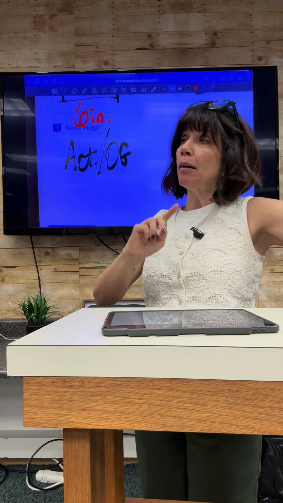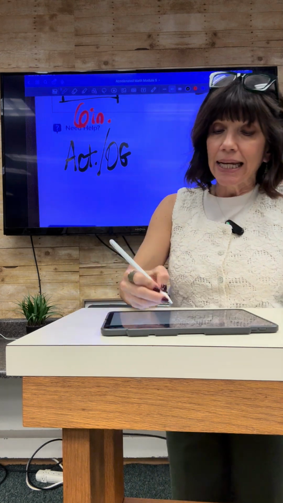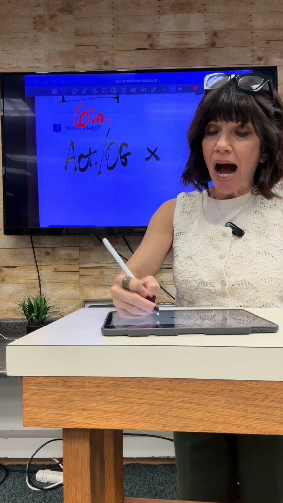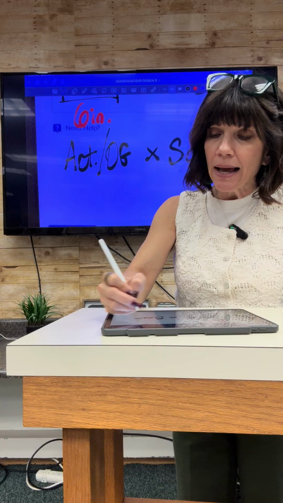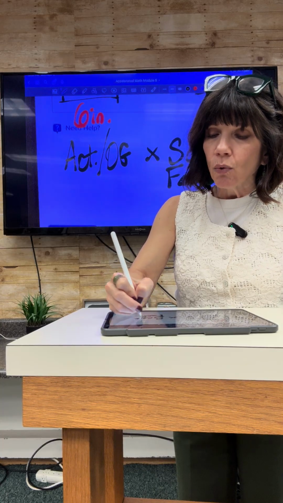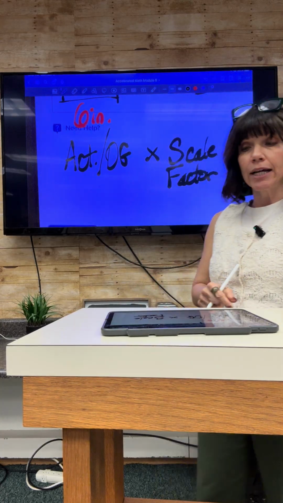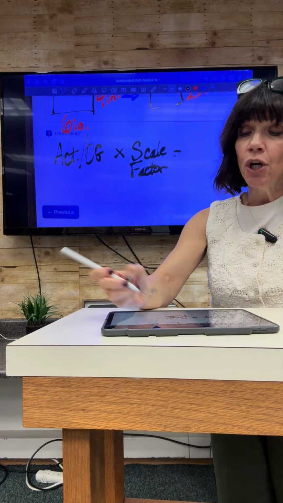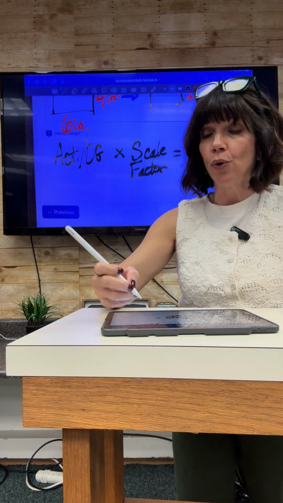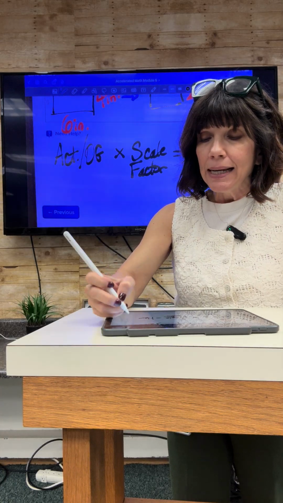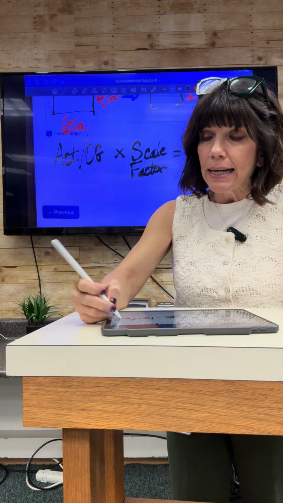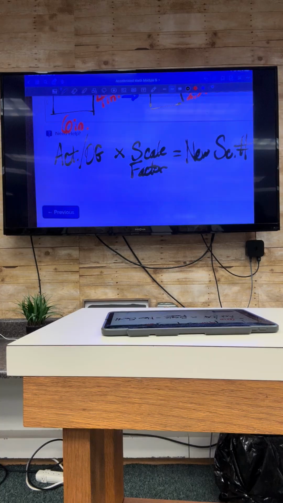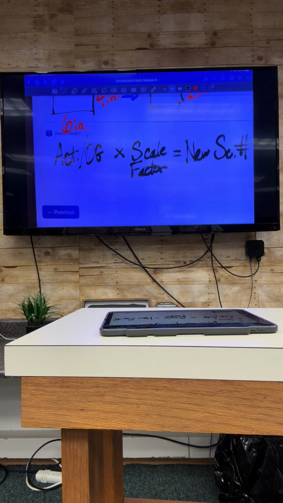The actual number, or the OG, gets multiplied by the scale factor. We will end up writing SF later on. Actual or OG times scale factor will always equal your new scaled number.